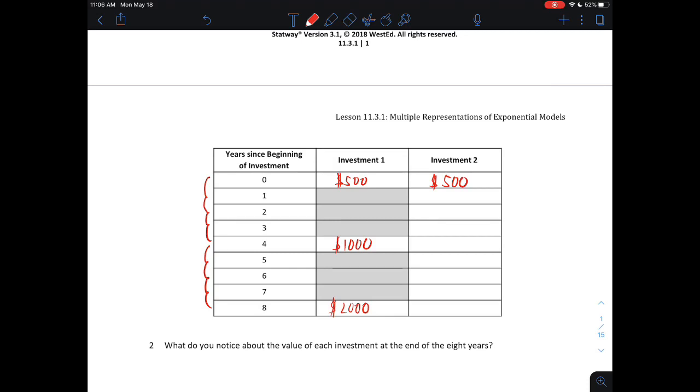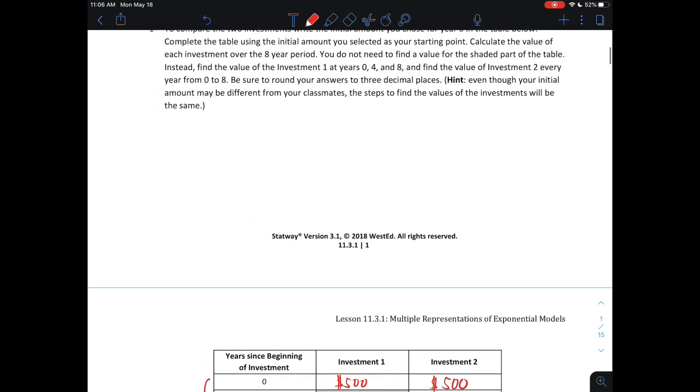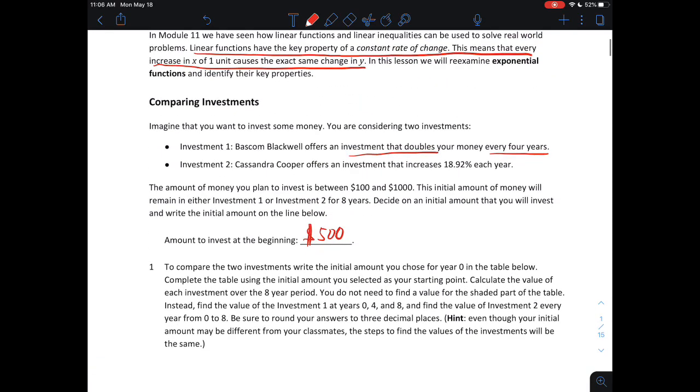So now let's work with investment 2. And we start with $500, and we need to remember that for investment 2, the investment increases 18.92% each year. So this is reminding us of also how percentages work.